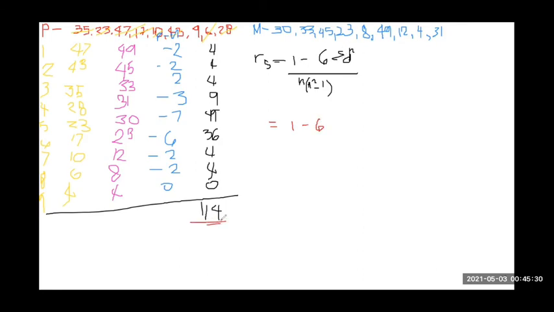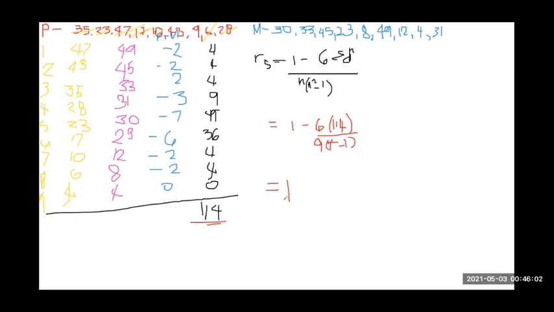This is our d squared, which is 114, over n, which is 9, times 9 squared minus 1.